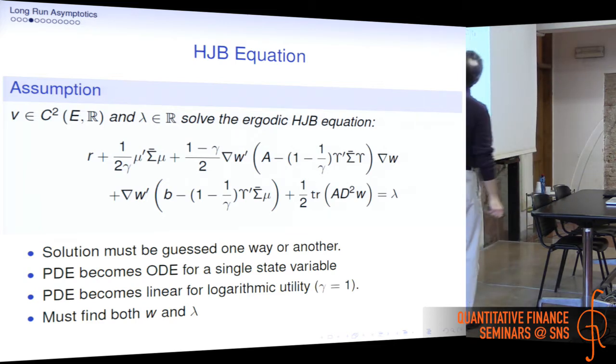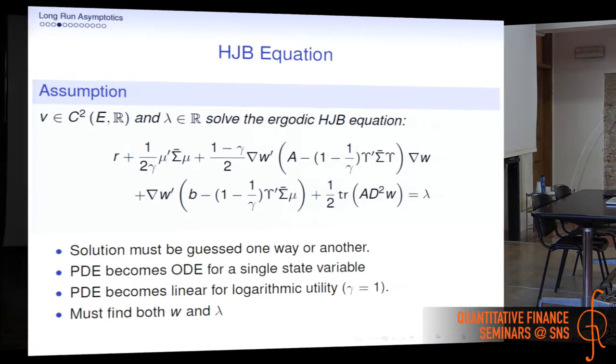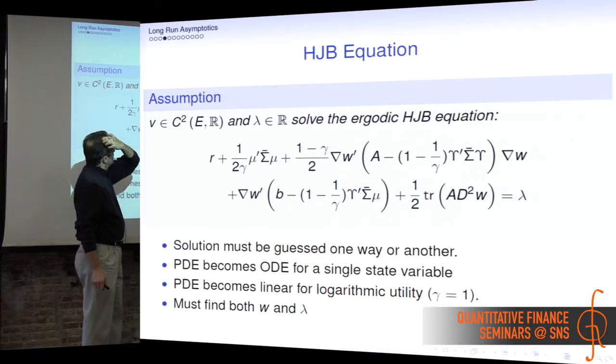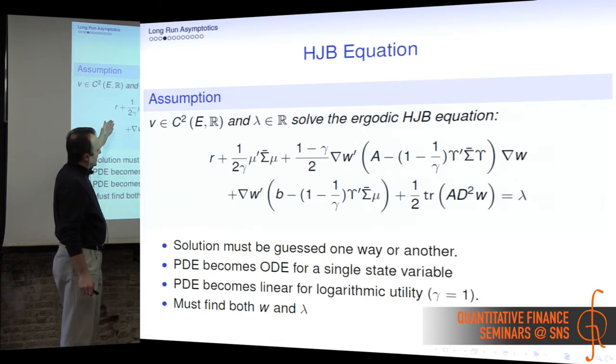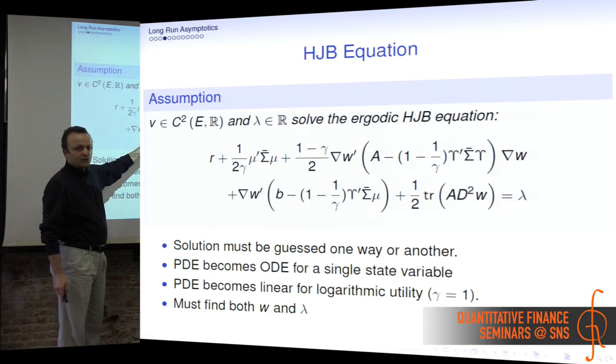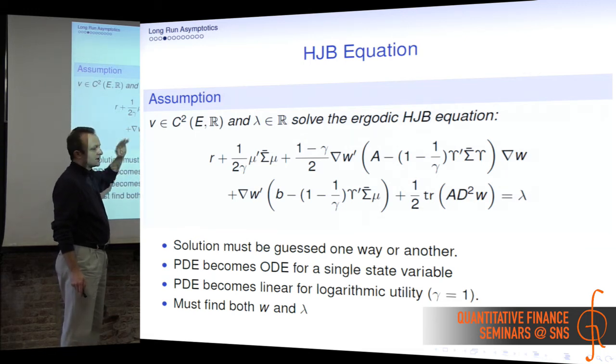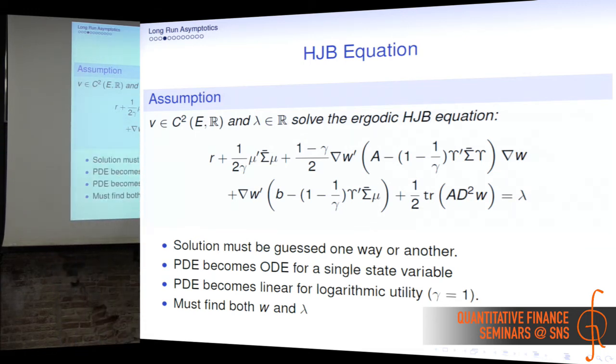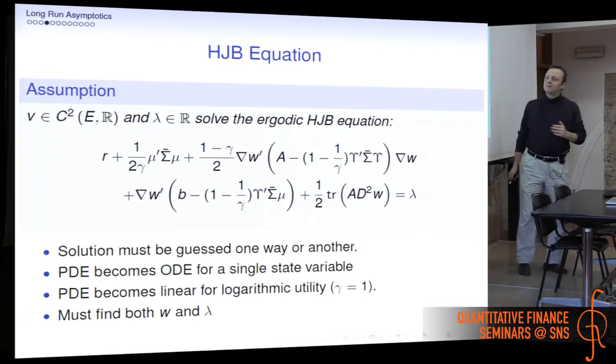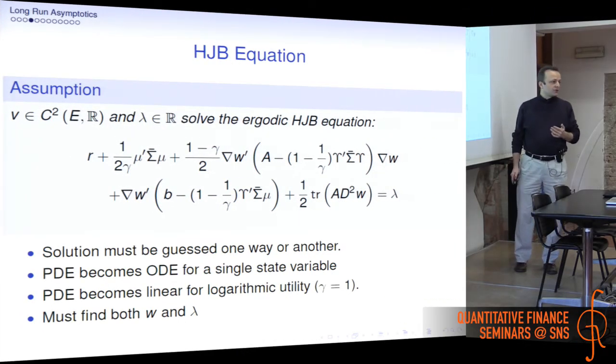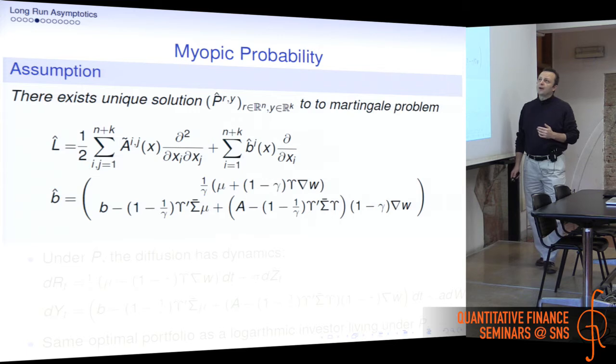Yeah, it does disappear. And also this term simplifies even more. So at the end of the day, it's quite linear, okay? Which reflects the fact that logarithmic utility is infinitely easier than any other value of gamma for the portfolio choice problem.